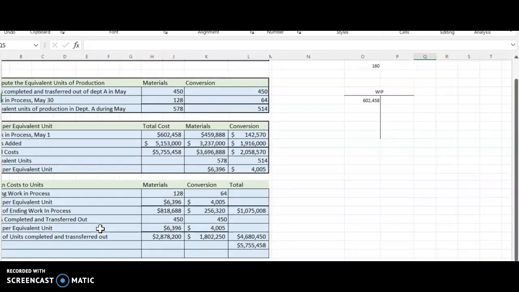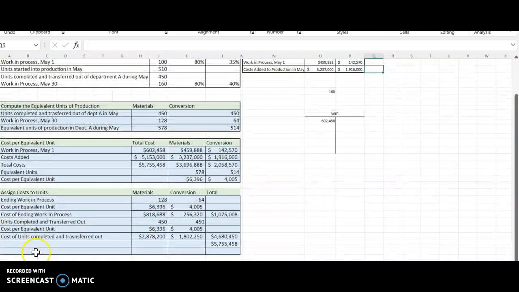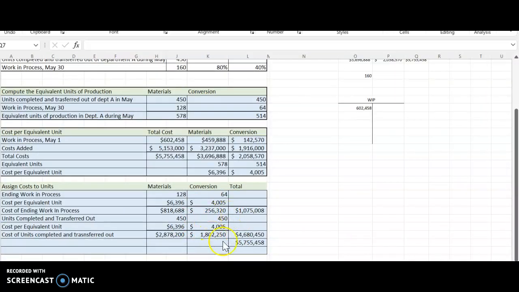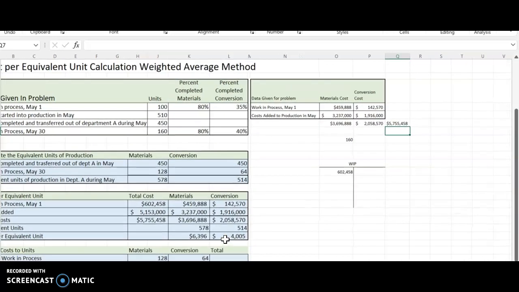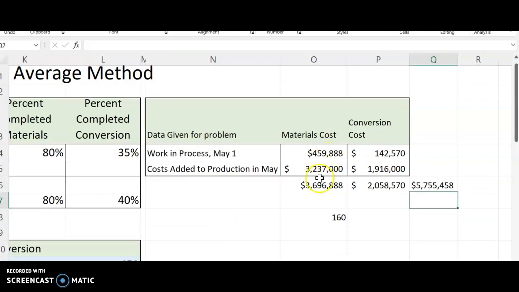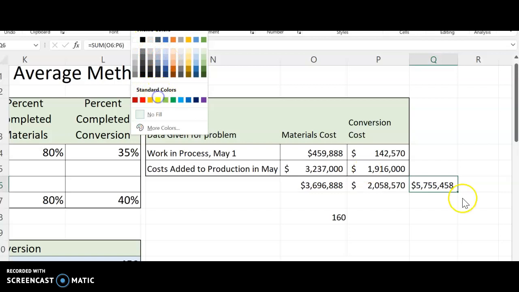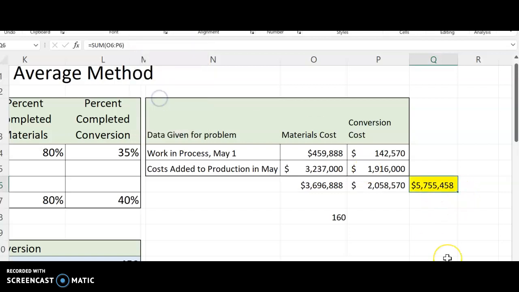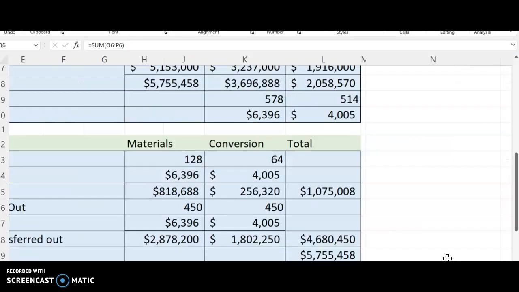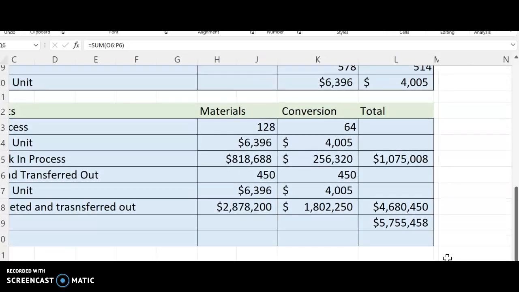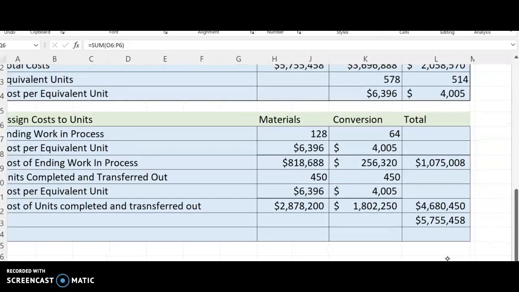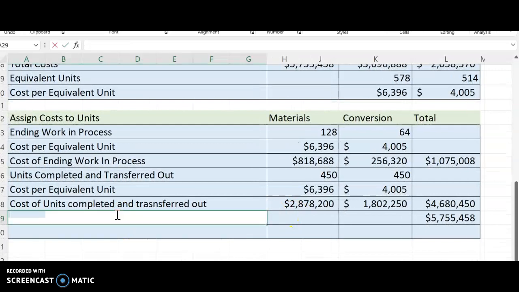Let me show you what that number represents. We have allocated our total cost. If you look up here and take the numbers given to you, add your materials and your conversion, you will get 5,755,458. And if we do that down here, we get the same thing.